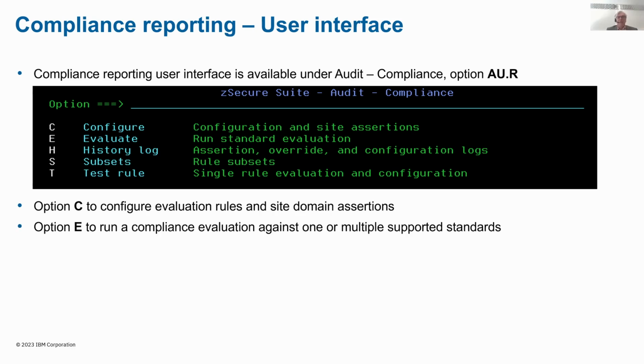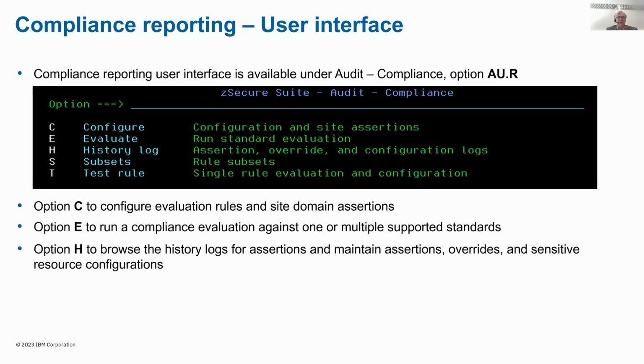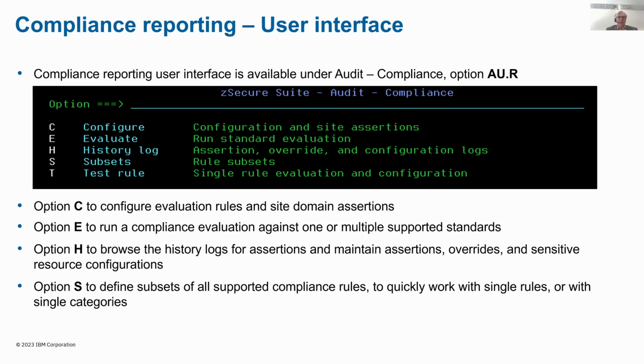And we have the E for evaluate compliance. And you can evaluate the compliance to multiple standards and multiple versions at the same time. We have the option H to look in the history log of the assertions, the sensitive resource configurations, and option S to zoom in basically through subsets of rules.